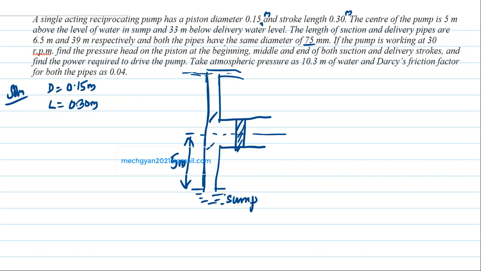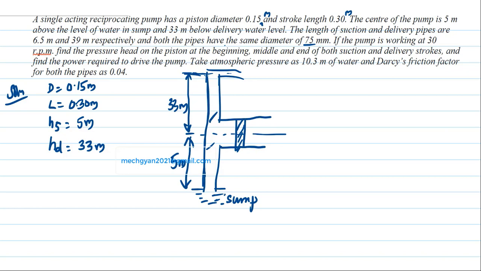So this one is basically given as 33 meter. So hs is equal to 5 meter and hd equal to 33 meter is given.